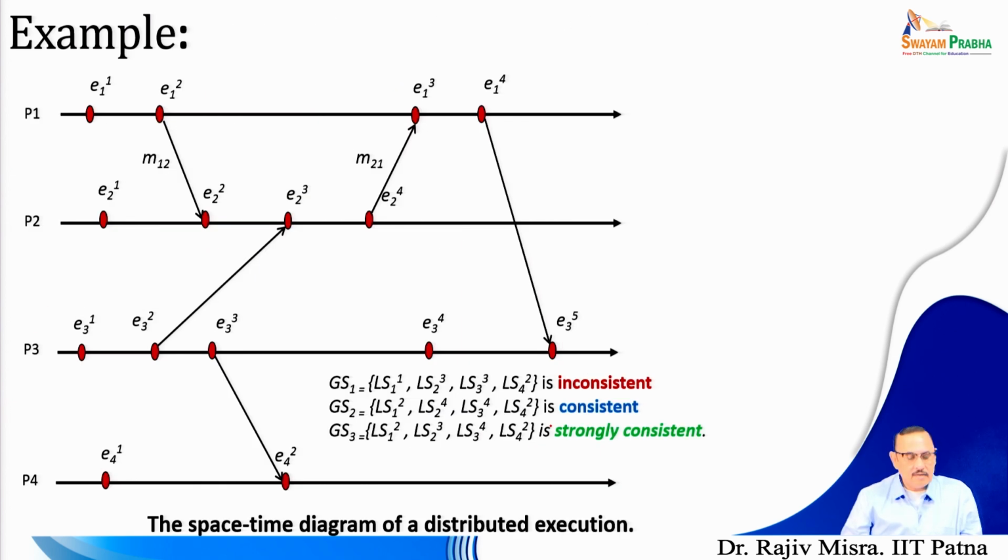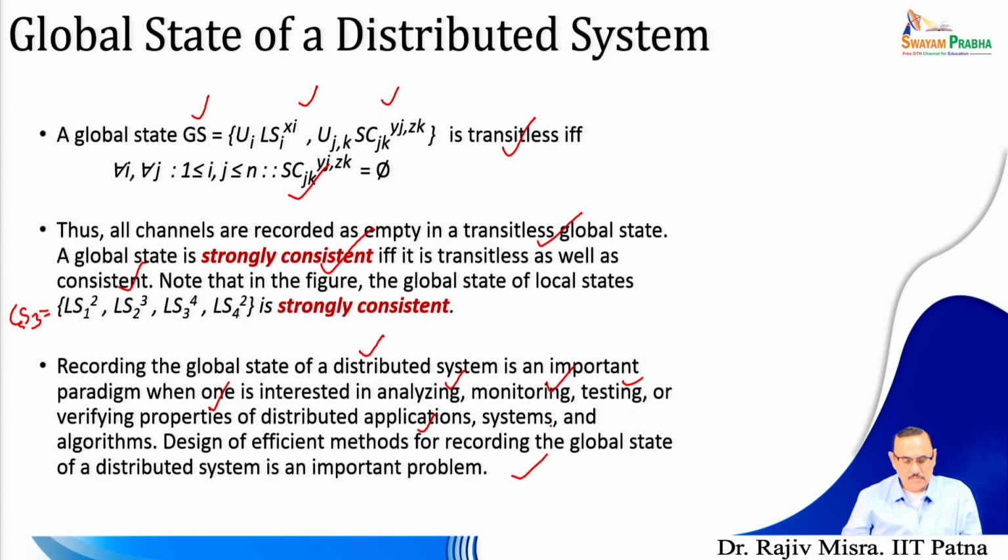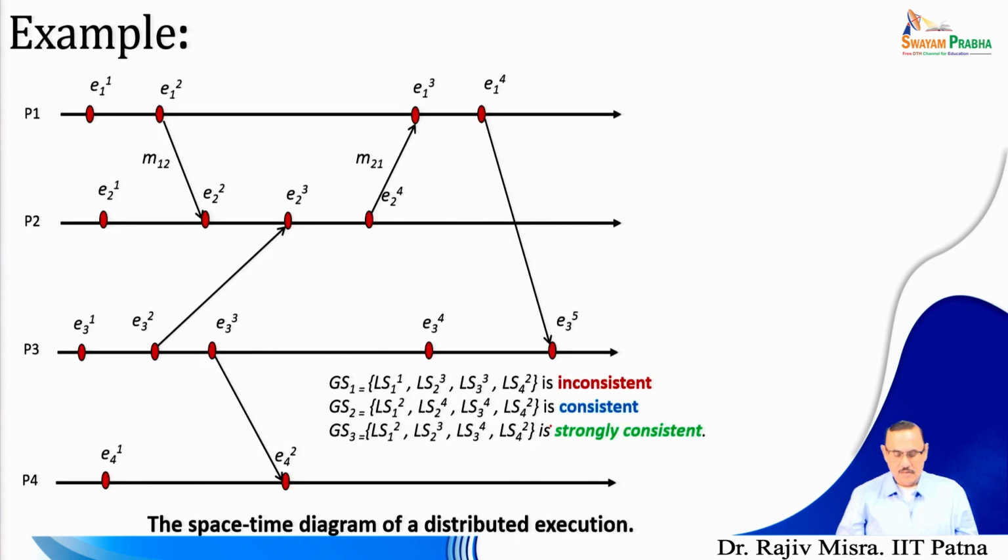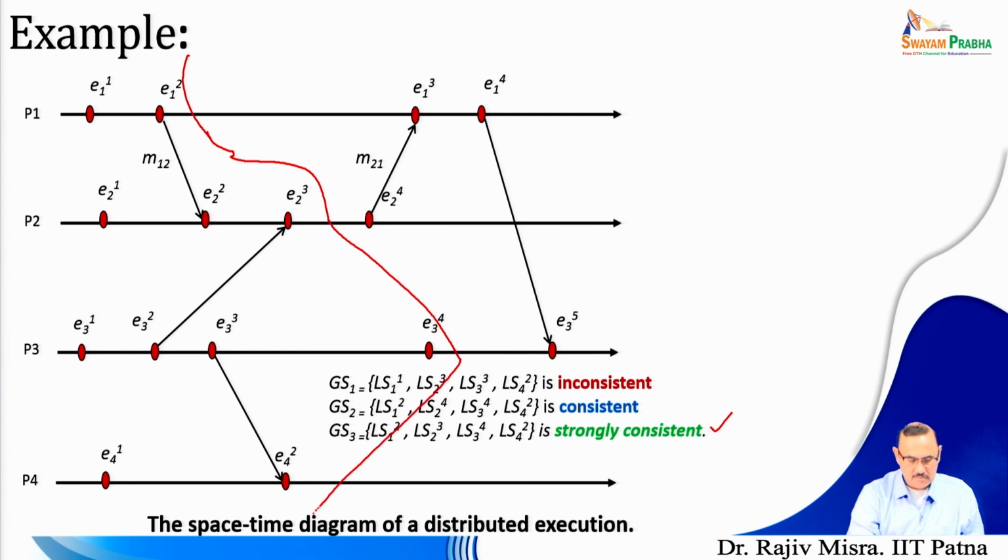Now, let us see through this example that here this is the strongly consistent GS3, which is LS12, then LS23, then LS34 and LS24.